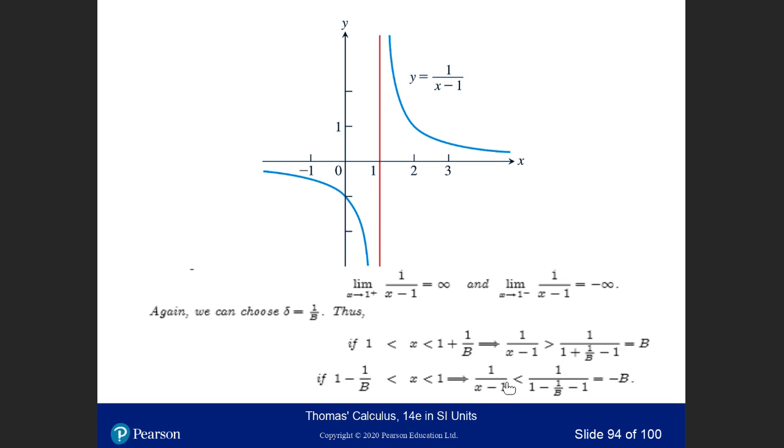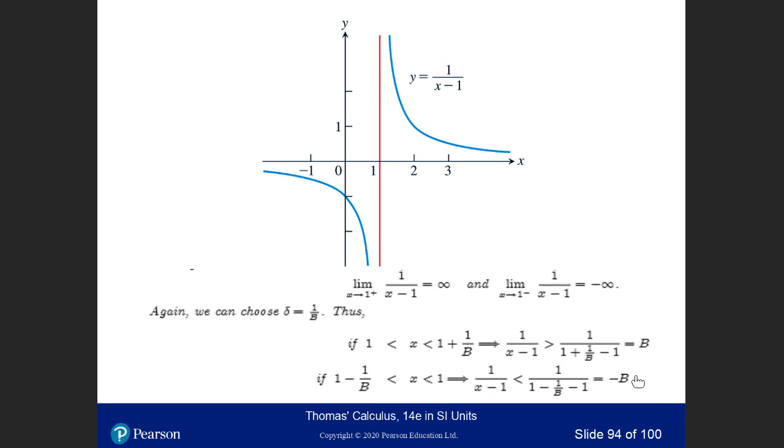So my function goes to minus infinity, and you give me any big number, any negative number with big absolute value. I substitute this interval, and x is greater than 1 minus 1 over b. So this inequality holds, and my function value is less than minus b.